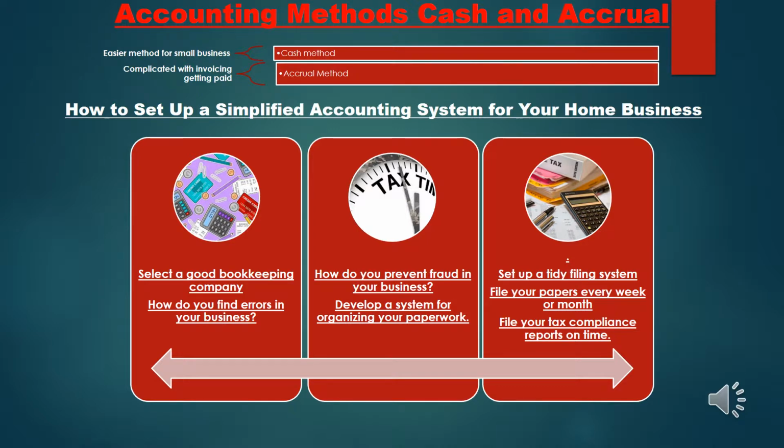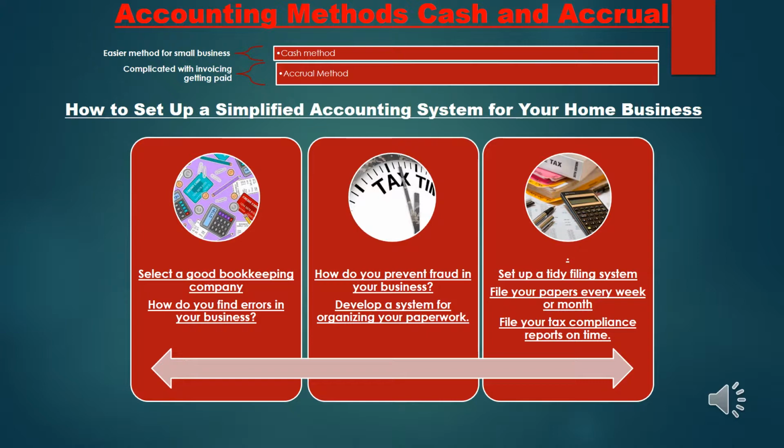The cash method is good for small businesses as well. The accrual method of accounting is a bit more complicated. Under this method, the focus is on the date the expense is incurred, not paid.